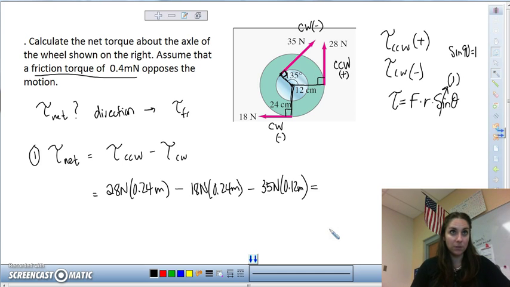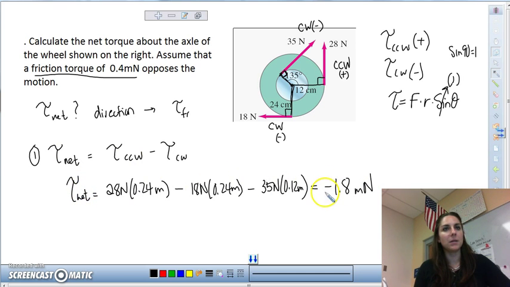So I get a net torque of this, which is, as we can see, it being negative, this tells us the net torque, I could write this the same way, is 1.8 meters, and the negative, remember, means clockwise.